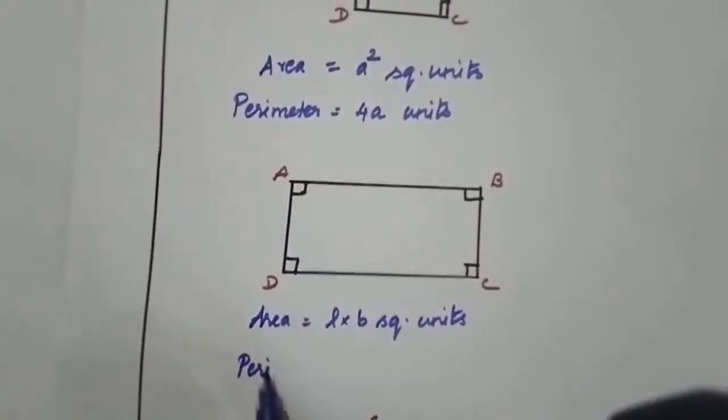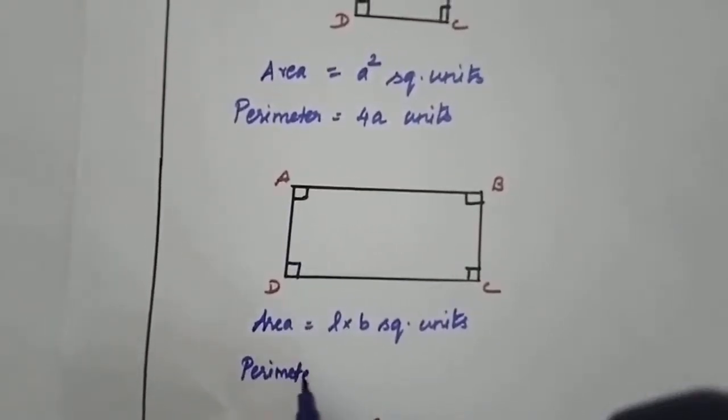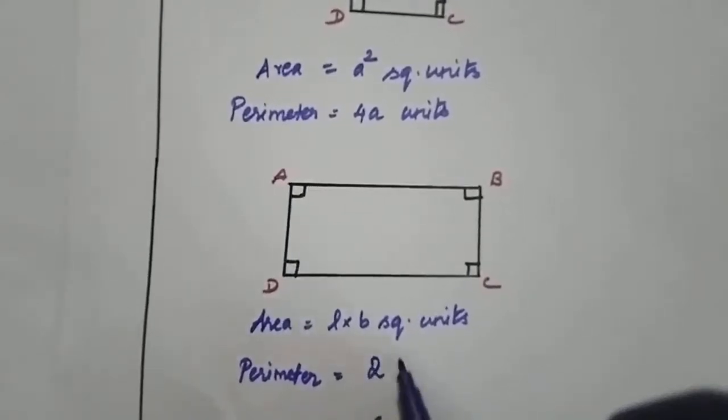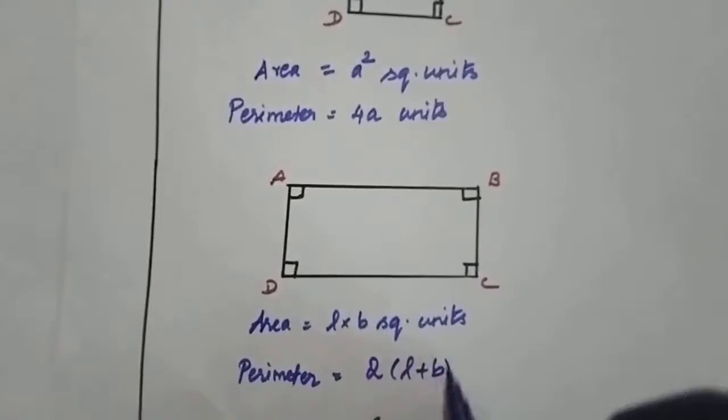Perimeter is 2 times length plus breadth units.